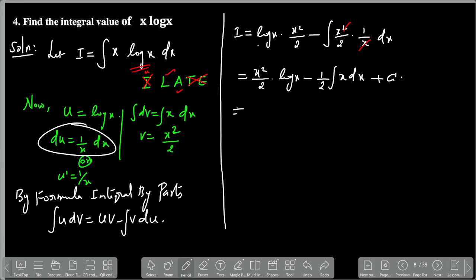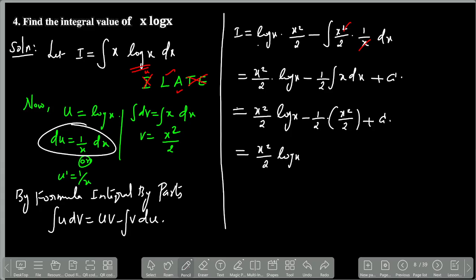That is x square by 2 log x minus 1 by 2 into the integration of x, which is x square by 2, plus c. Any doubt? Now finally x square by 2 log x minus 1 by 4, or x square by 4, plus c. This is the final answer. Any doubts? Yes, then we go to the next question.